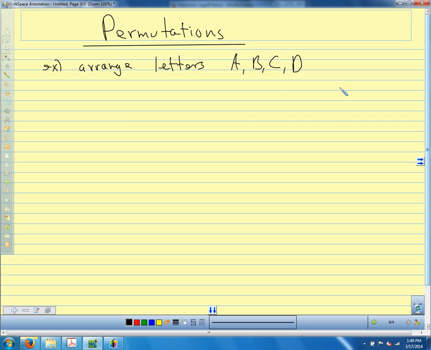How many letters can go in the first slot? 4. And once we've used one of the letters, how many do we have left to go in the second slot? 3. And then how many do we have left? 2. And then 1. What is 4 times 3 times 2 times 1? 4 factorial. So we could arrange these 4 letters in 4 factorial different ways.